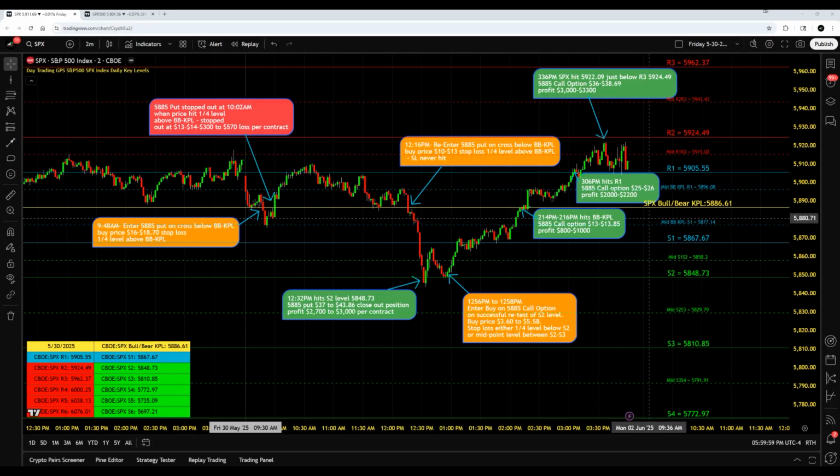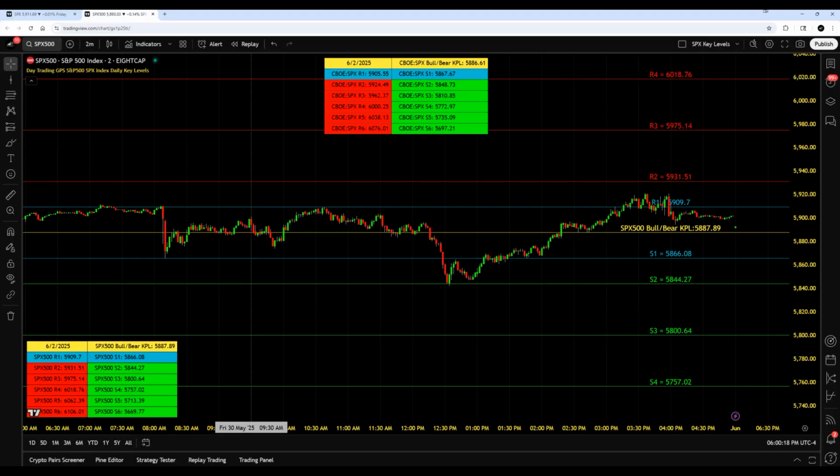The levels come out daily at 9 a.m. And the way that's done, at 9 a.m., 30 minutes before the SPX index open, is that the indicator also works on a secondary symbol, which is the SPX 500 8-cap symbol on TradingView.